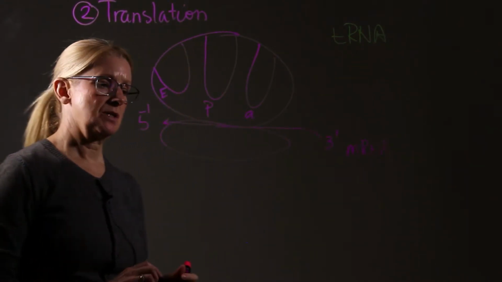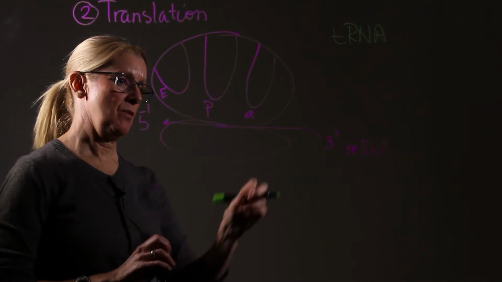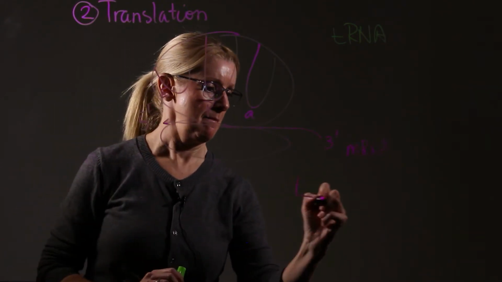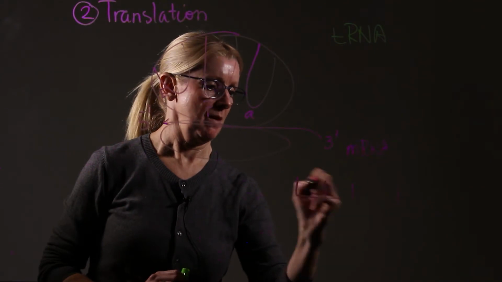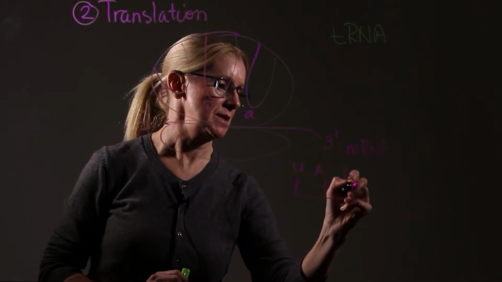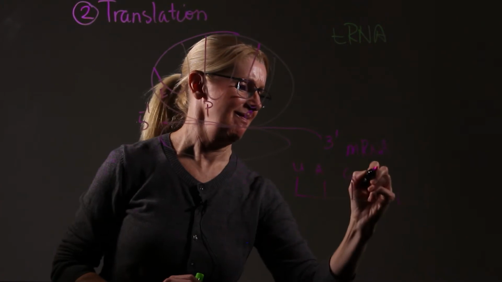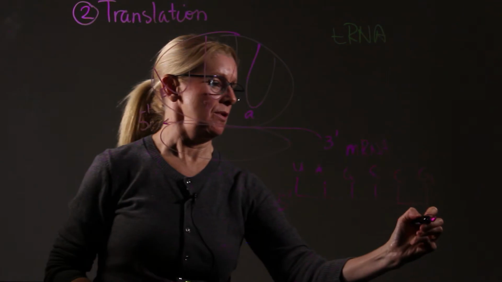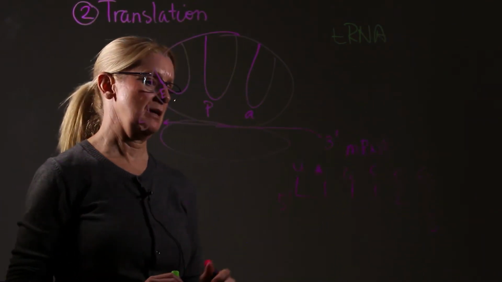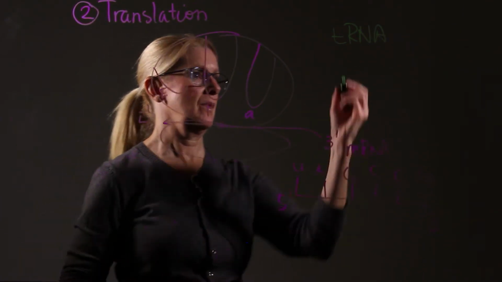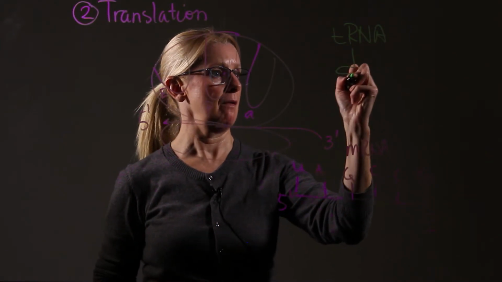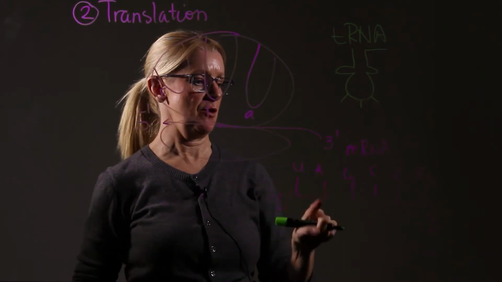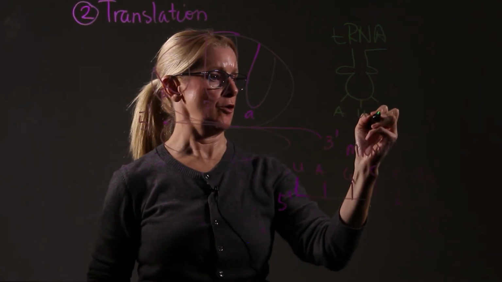So if we go back to those codons as we were talking about them, remember we had codons on our mRNA where we had particular base pairings. And that's looking at it from the 5' to 3'. What you're going to see is that these tRNAs will come in, and our first tRNA would have the complementary bases to this first code.